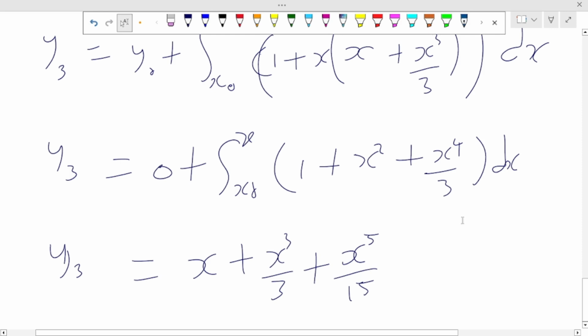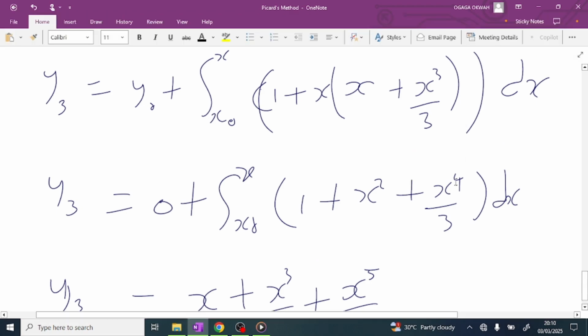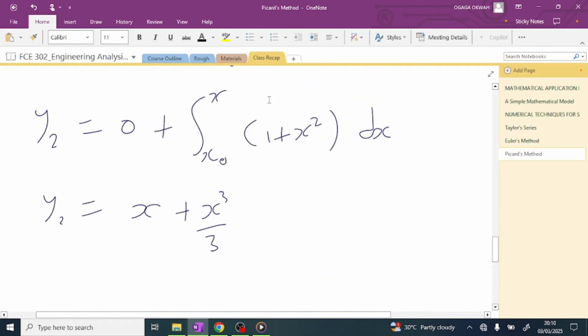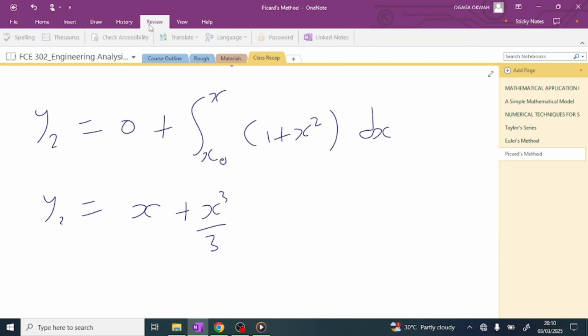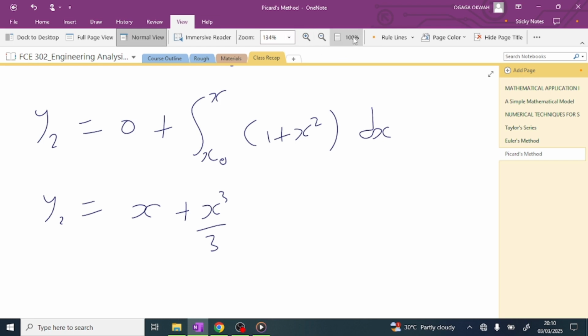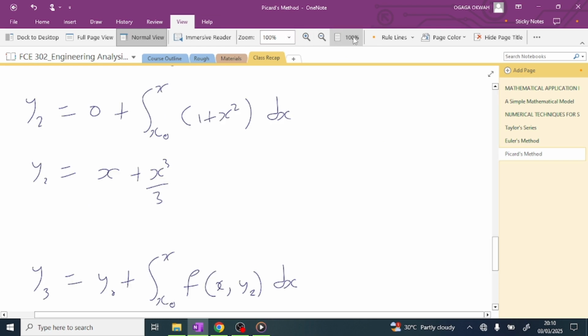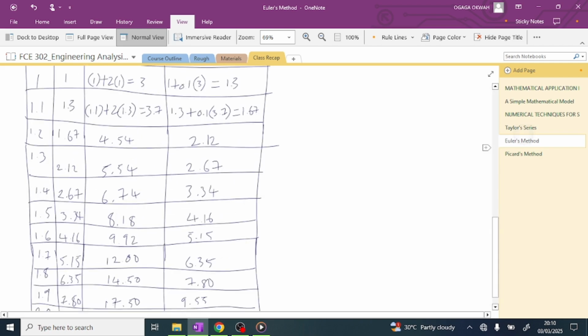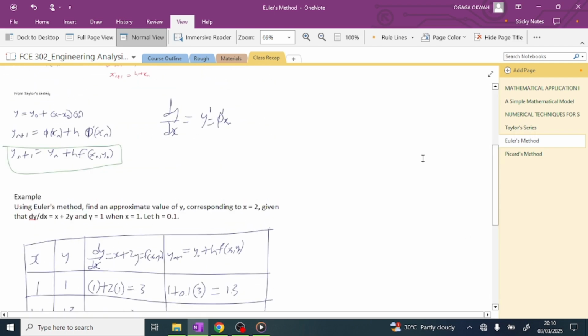In case we had something like, look for y to the third approximation and then substitute in x at some value, we would have done that here. Just like in Euler's method, where we are given a value for x to look for the approximate value of y when x is this.